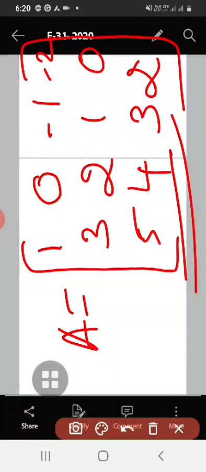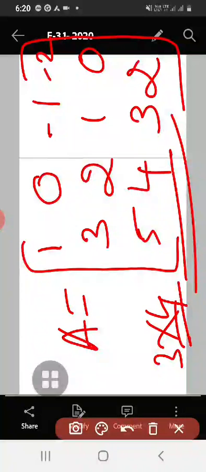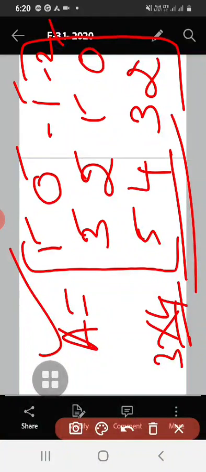So it is the required matrix of order 3 cross 4. You can check each element which we have worked out here, and substitute at the end.